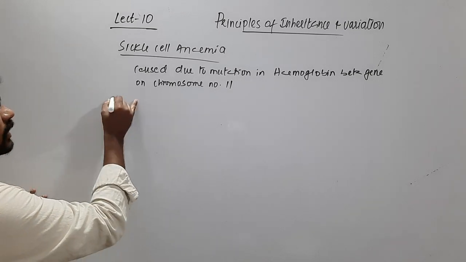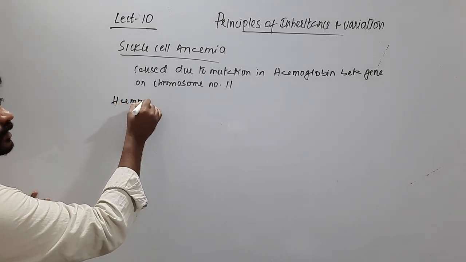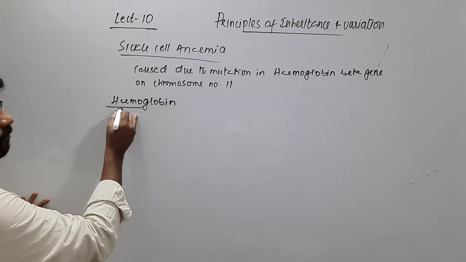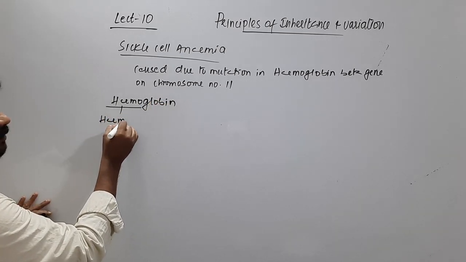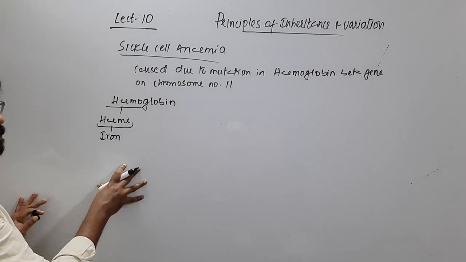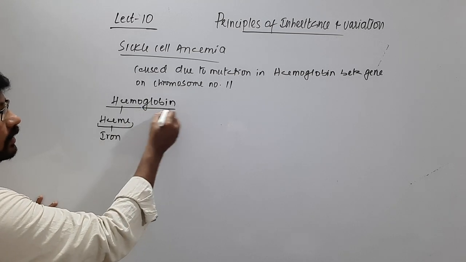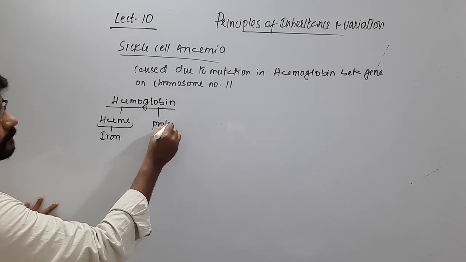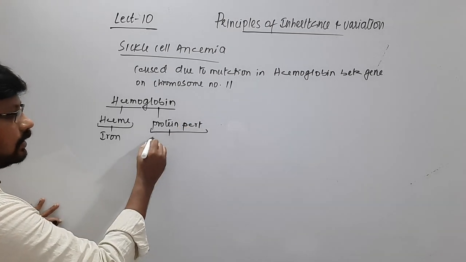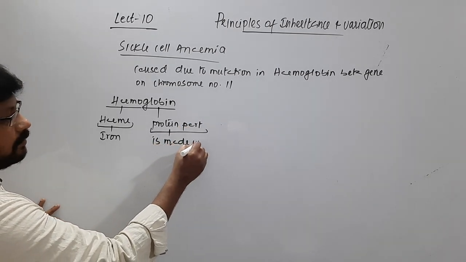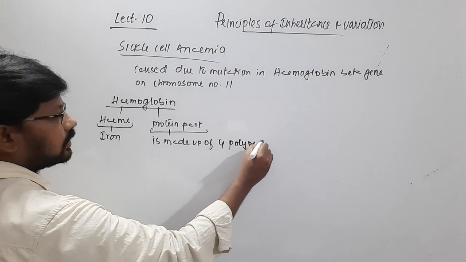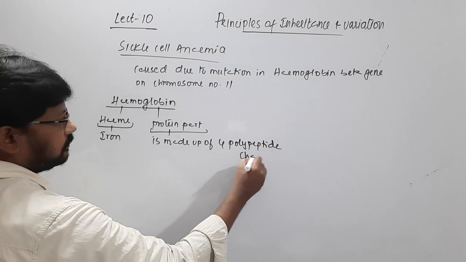So let's see in case of this hemoglobin. Hemoglobin has two parts: heme, which is the iron part, and globin, which is the protein part. This protein part is made up of four polypeptide chains.